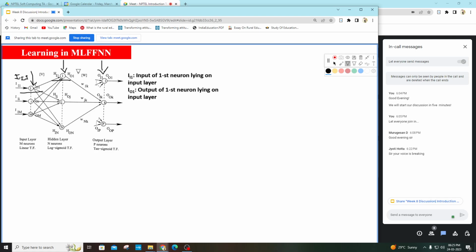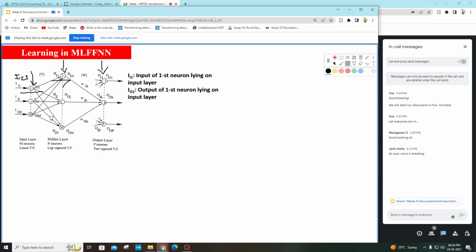Similarly HO1: H means again a hidden layer neuron, 1 means the first neuron of the hidden layer, and O means the output of the first hidden neuron. So this is the terminology. Same thing you can analyze for the output layer also: OI1, OO1. Okay. So up to this I think it is clear.